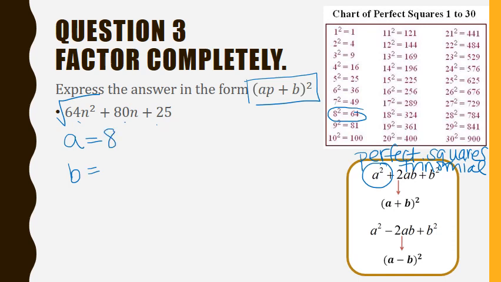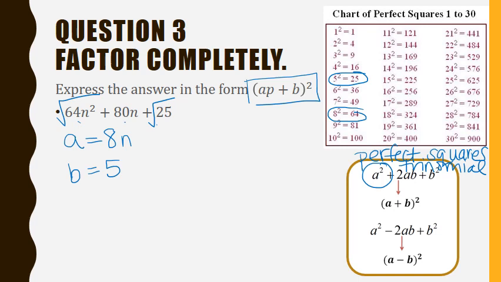And remember, the square root of any variable squared is just the variable itself. So my a is going to be 8n. And then likewise, we find our b value by taking the square root of our last term. That last term is 25. I match that up in my chart. Square root of 25 is 5. So now I have my a and b.